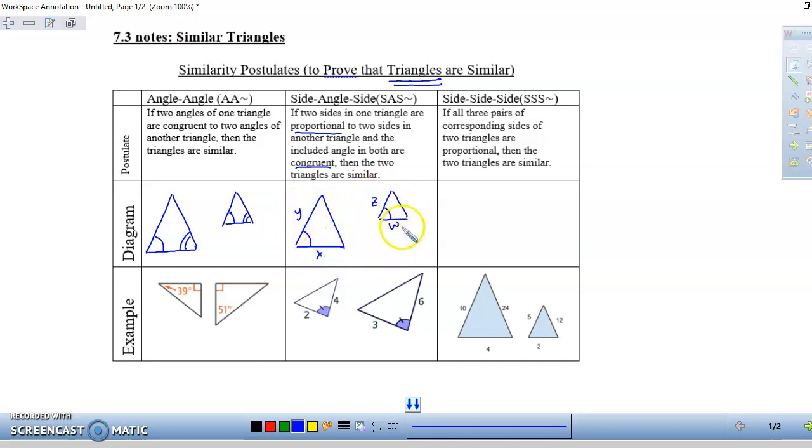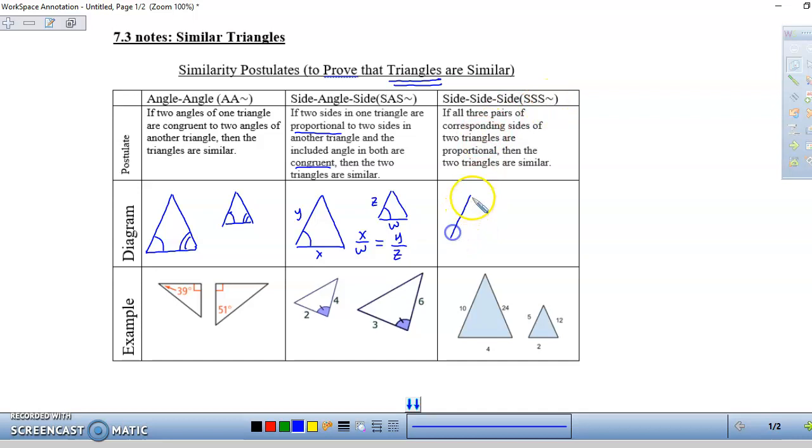So if I have this picture and I know that X over W is proportional to Y over Z, if I know those two things, the angles are congruent and the sides are proportional, then you have side angle side proportionality.